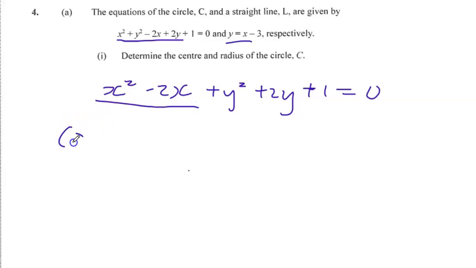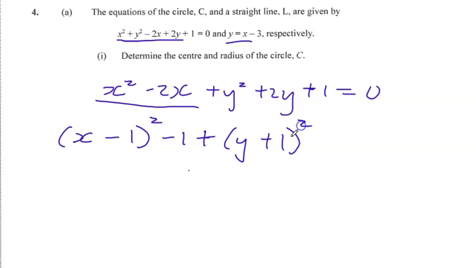So x minus half of the b value there, which is 1, squared, and subtract the square of the b value. So we subtract 1. Plus y plus half of the b value there is 1, squared, subtract that value, we get 1.